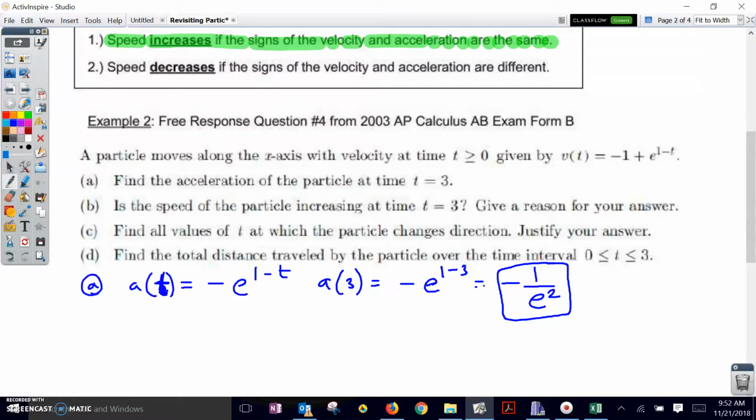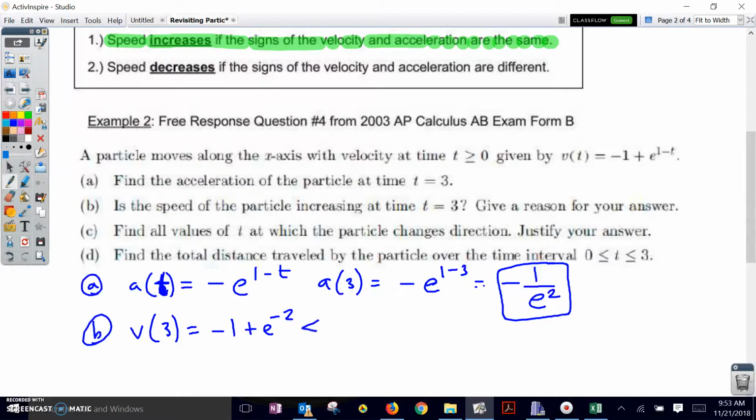Part B. Is the speed of the particle increasing at time t equals 3? Now here we're going to use what we just talked about in the box above. We already know from part A that the acceleration is negative. So now we need to determine, is the velocity positive or negative at 3? The velocity at 3 is equal to -1 plus e to the -2.